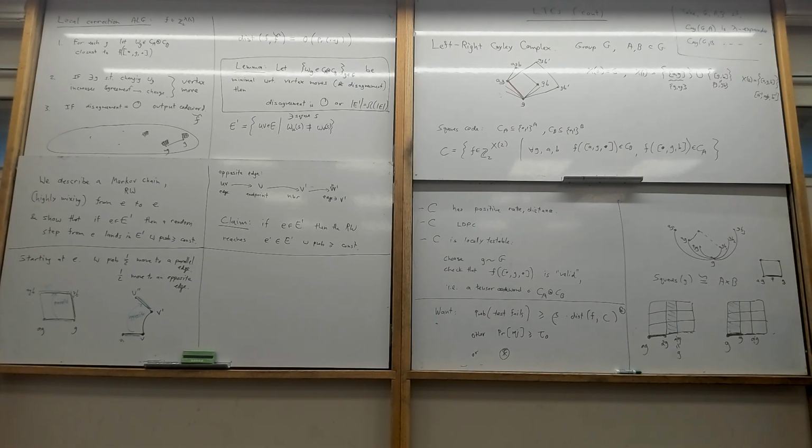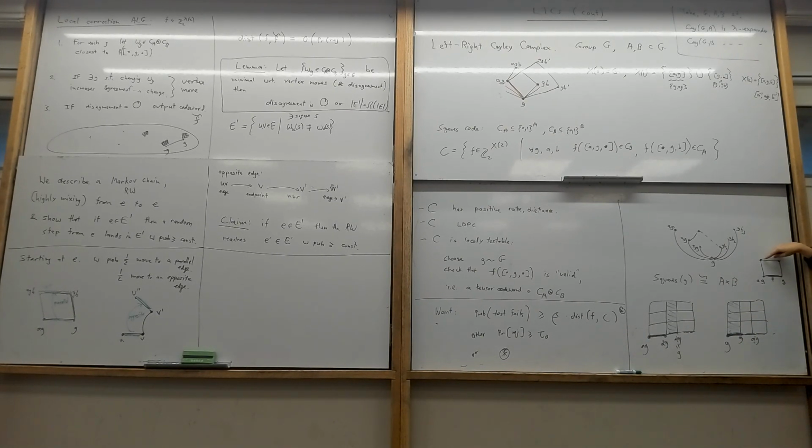Okay, so what we're saying is that either many of the parallel edges are in E prime, or many of the opposite edges are in E prime. And my random walk will go with probability half to either of them, so I will land in E prime with constant probability. Okay, so why?